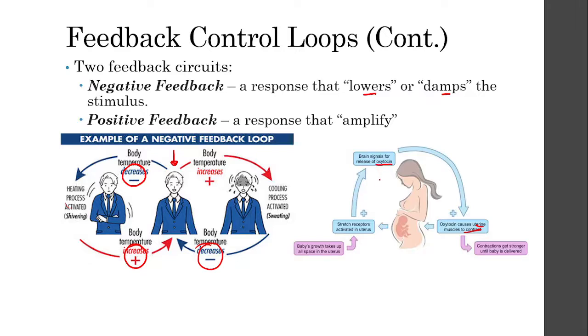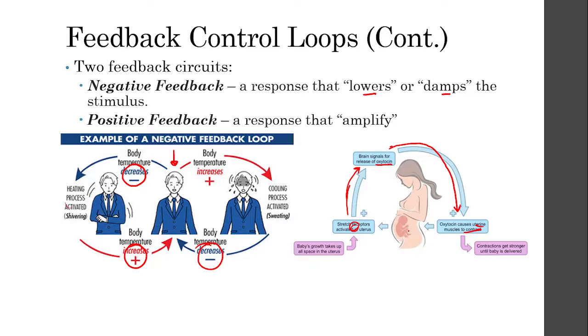So far we received this signal: the receptors were stretched, the sensor signals to the brain to release the oxytocin, and the oxytocin results in the contraction of the uterine wall. This increase in contraction of the wall will result in an even stronger contraction until the baby is delivered.